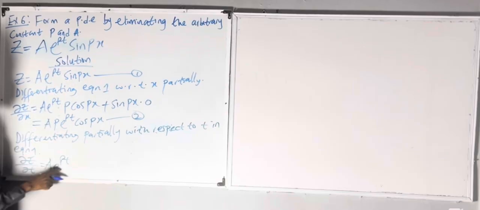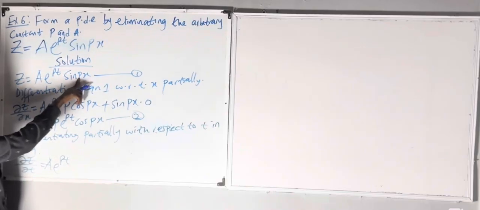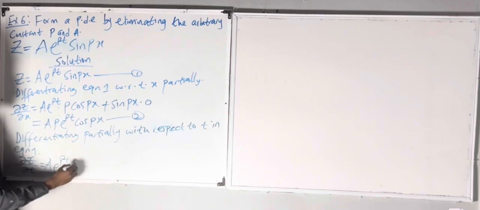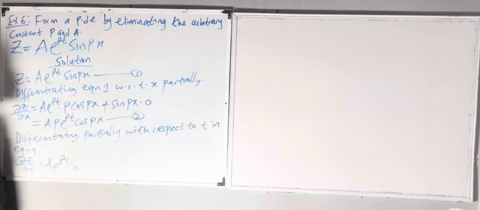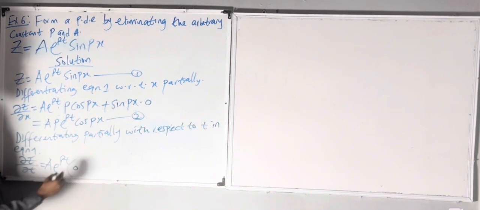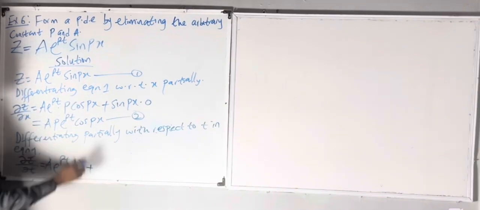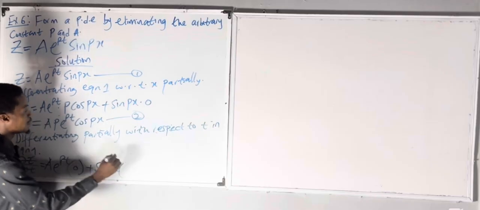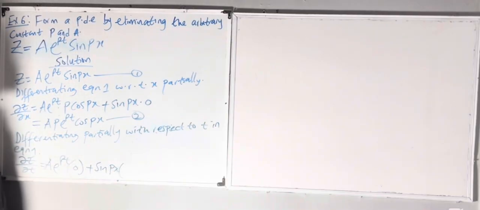If I take a exponential pt and differentiate sin ps with respect to t partially, it's going to be 0 because there's no t in that part of the given relation. Plus, take v, that is sin ps, then I'm differentiating this one with respect to t. Remember that whenever we have an exponential, I differentiate the power of the exponential, then multiply by everything.